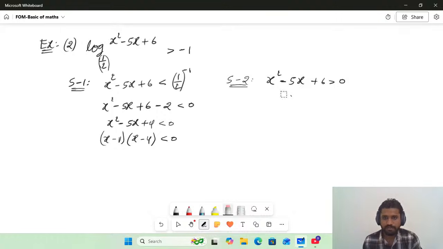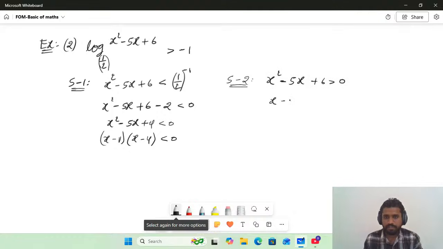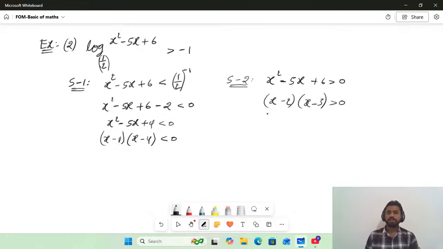So x minus 2 into x minus 3 is greater than 0, that is x square minus 3x minus 2x plus 6. So this is step 1 and step 2.